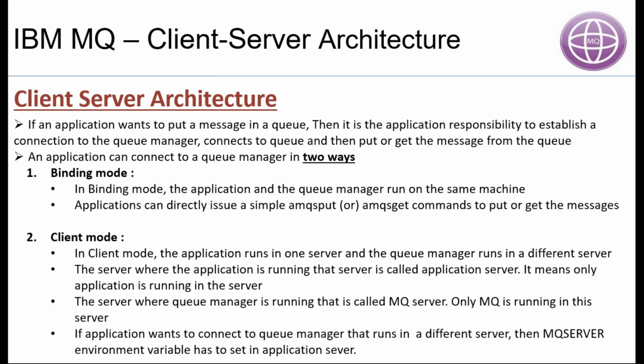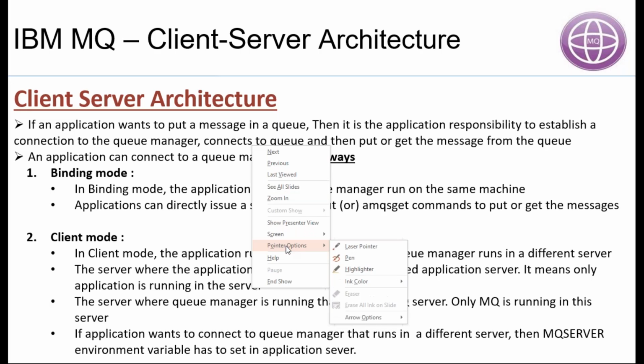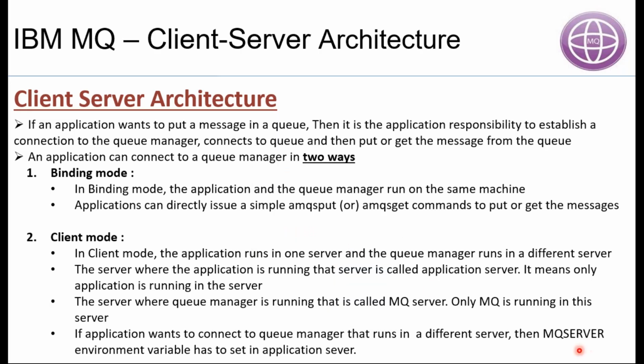So if the application wants to connect to a queue manager that runs on a different server, then the MQ server environment variable has to be set on the application server. The new thing we are going to learn in today's session is the MQ server environment variable. This is the main thing. In the application server, we have to set an MQ environment variable. In it, we declare which queue manager you want to connect to, on which server the queue manager lies, and what channel name you are using to connect.